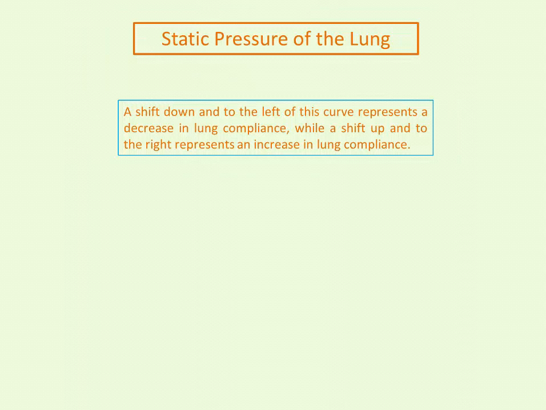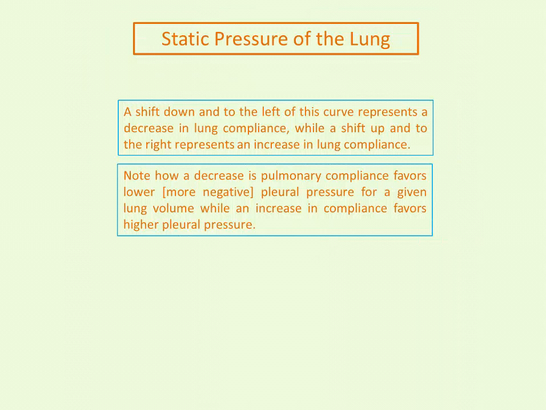And importantly, it relates the diseased lung with changes in intrathoracic pressure and lung volume, which are key mechanical mediators of heart-lung interaction. So understanding this graphically is imperative for understanding heart-lung interaction.